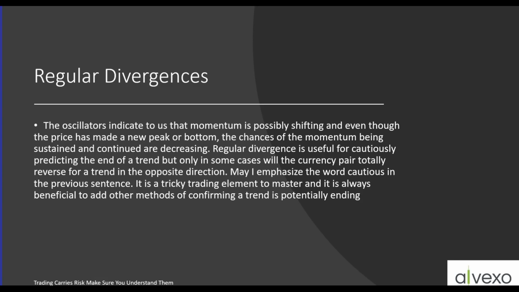And even though the price has made a new peak or bottom, the chances of the momentum being sustained and continuing are decreasing. Regular divergence is useful for cautiously predicting the end of a trend, but only in some cases, when the currency pair or the asset totally reverses for the trend in the opposite direction.